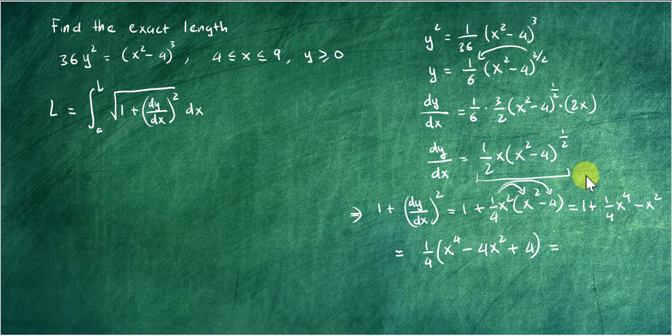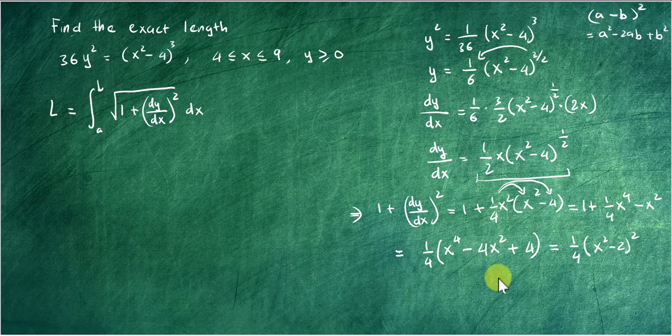And you actually can reduce this part right here into (x squared minus 2) to the second power. You remember the formula: (a minus b) squared will be a squared minus 2ab plus b squared.